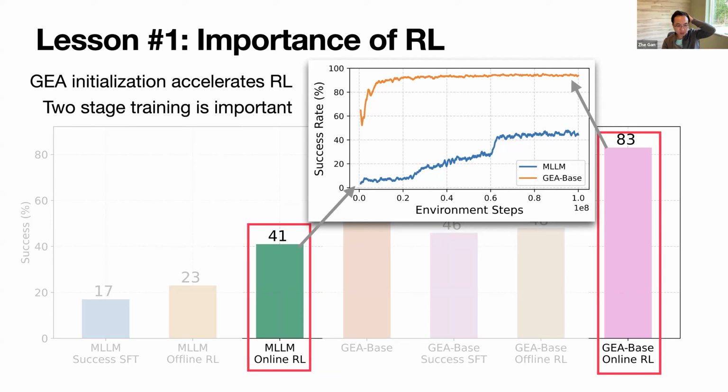Basically, this is the original multimodal LM directly using online IL, and you can see it can improve the performance, but it may not improve that much. On the right side, we first do SFT to let the model understand the current task you are going to deal with, and then do online IL. You can see the first SFT stage is very important to accelerate IL training.